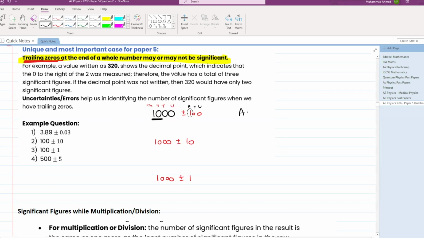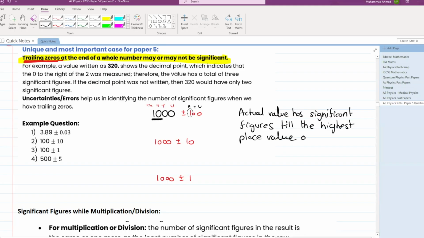You can write it here. Your actual value has significant figures till the highest place value of uncertainty.